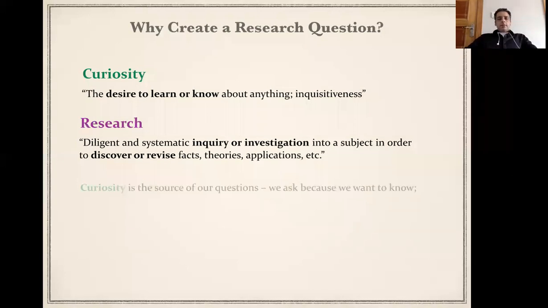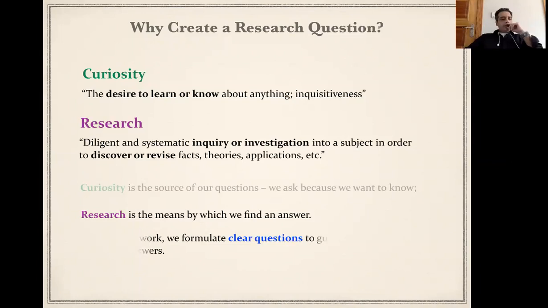Then research is a process through which you can answer these questions. If you have questions coming to your mind about a specific topic, there should be something which can answer them. So it's research which answers your questions.